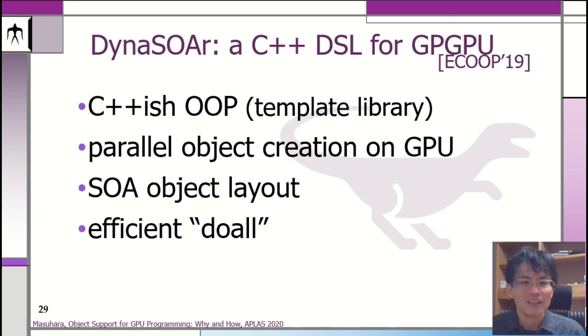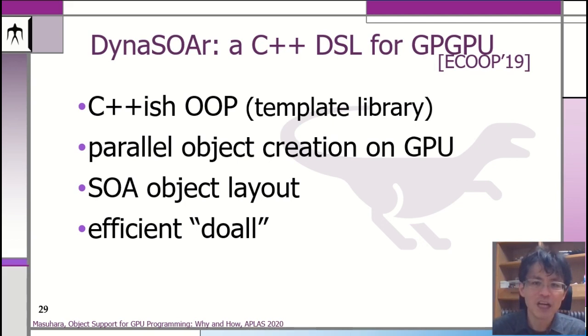Dinosaur supports parallel object creation efficiently on GPUs, and it also supports the faster structure of array memory layout. It also provides efficient do-all operations that access all the created objects efficiently.